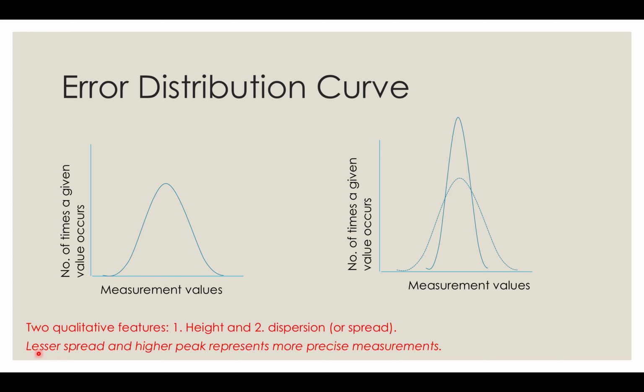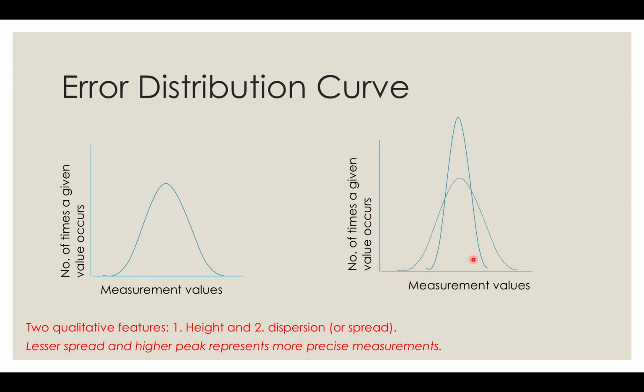As written here, lesser spread and higher peak represent more precise measurement. That means if the area of the error distribution curve is less and the height is more, then that represents a more precise measurement. For example, here we see two different error distribution curves. One is denoted by dotted lines, another by solid lines.